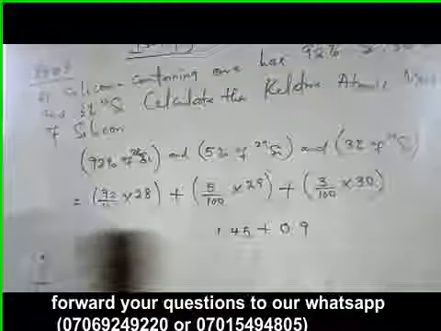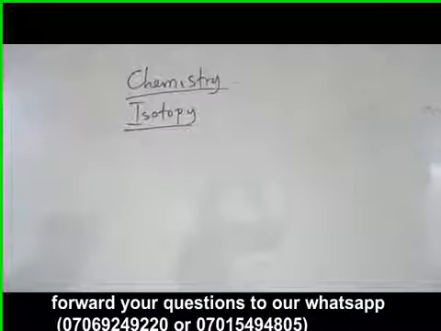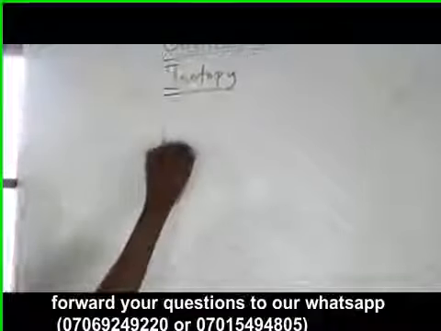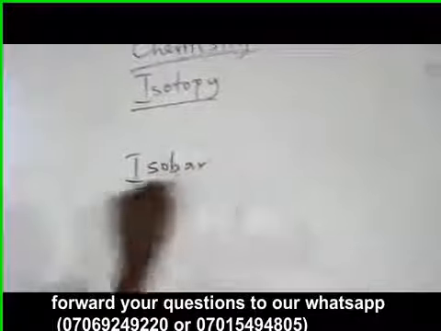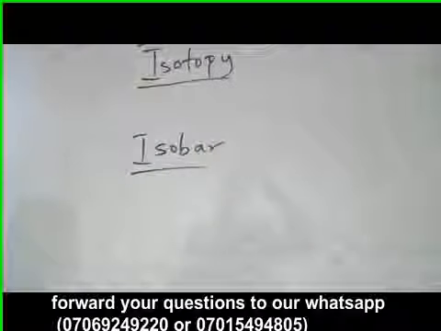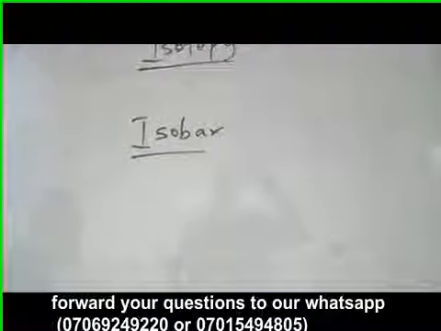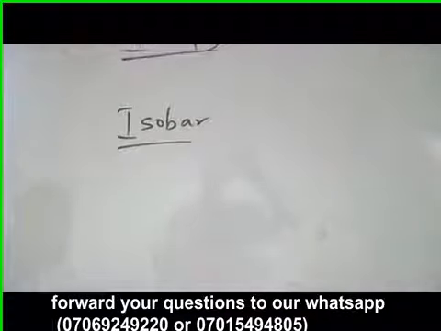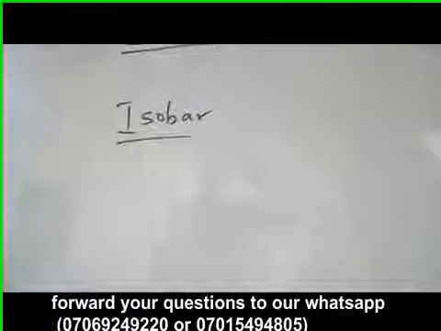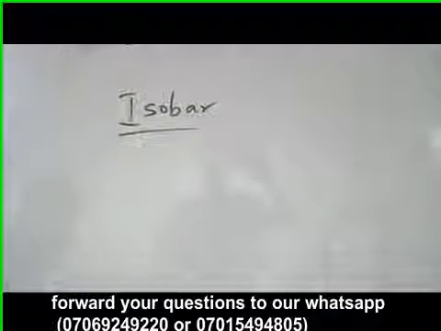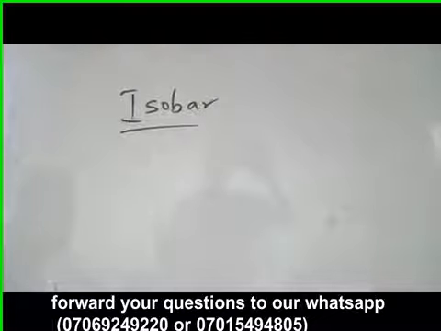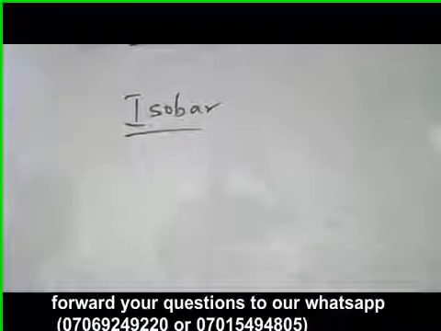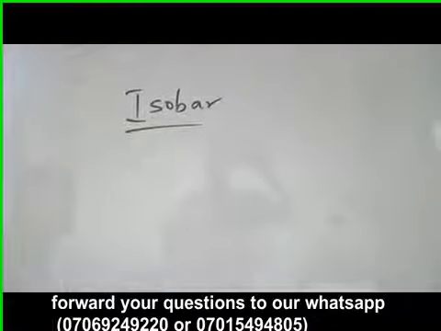Before I conclude this class, let me briefly talk about isobars. We have isotopes, and we have isobars also. Isobars are atoms of different elements having the same mass number but different numbers of protons. Because of that, their mass numbers may be the same, but the atomic numbers are different.